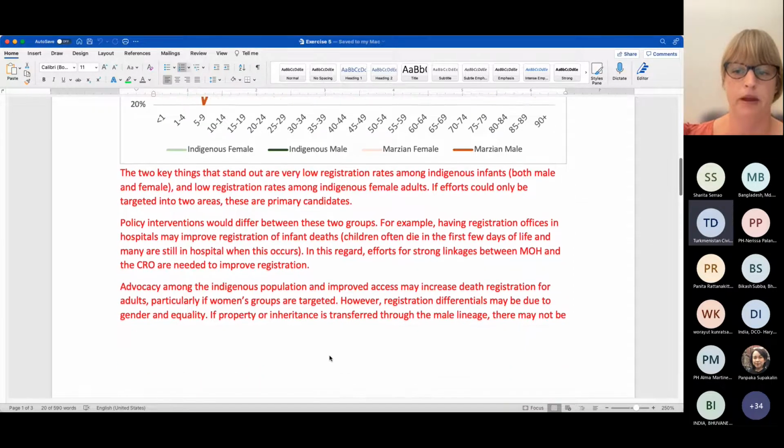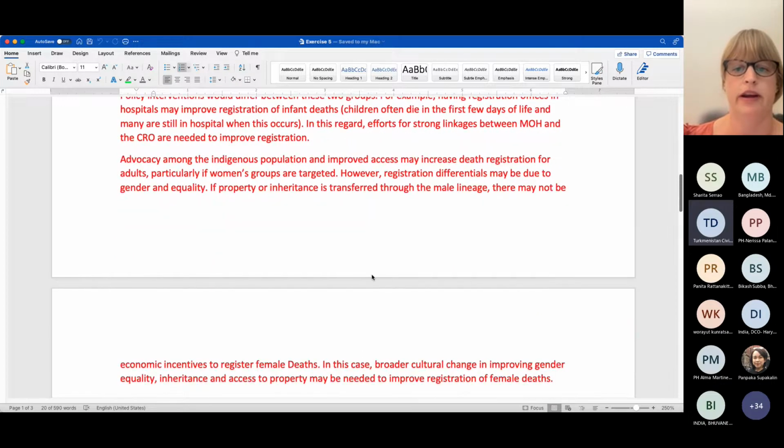The final thing I wanted to point out is that in some cultures, inheritance goes through the male lineage. So if a woman dies, there isn't necessarily an economic incentive to register that death, because maybe her husband or then her male children own the property.